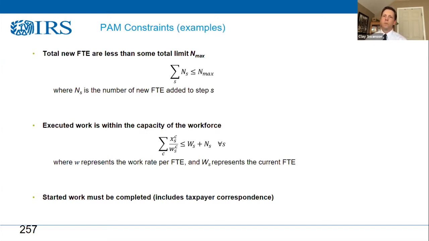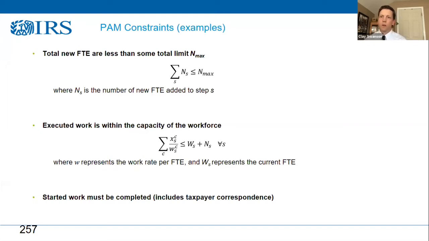The third bullet here, started work must be completed. So this gets into the interaction. This basically means don't start work that you can't finish. If work is started in one program, we could end up producing work for a different program downstream.